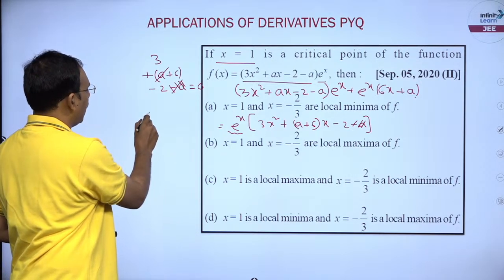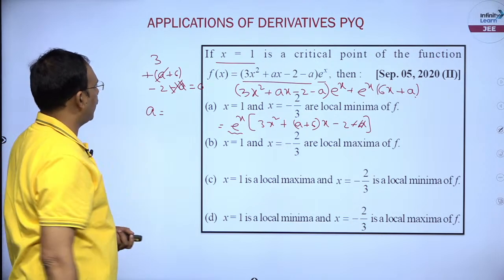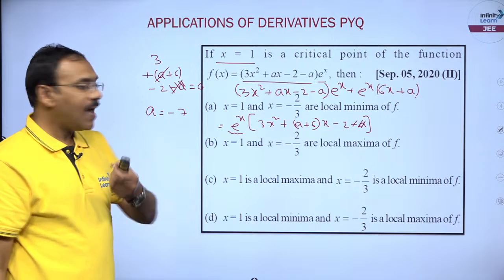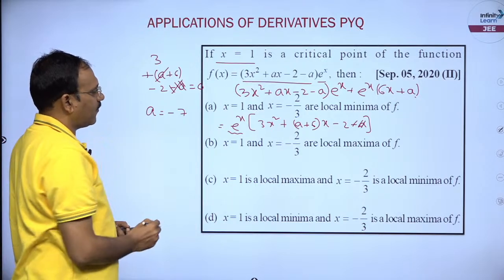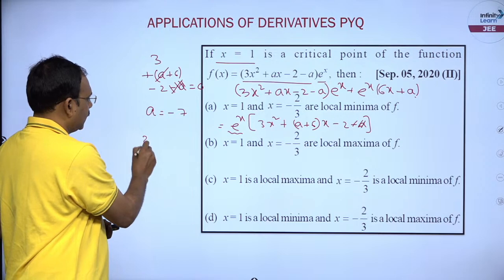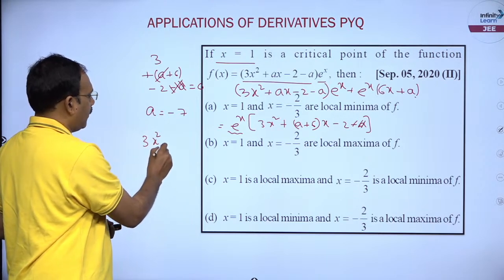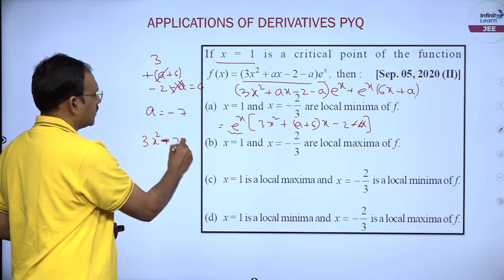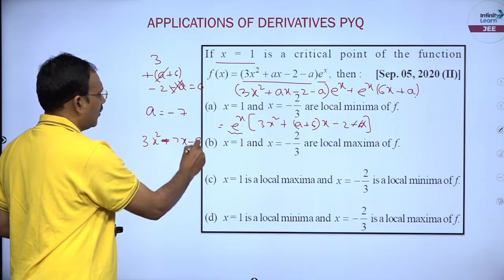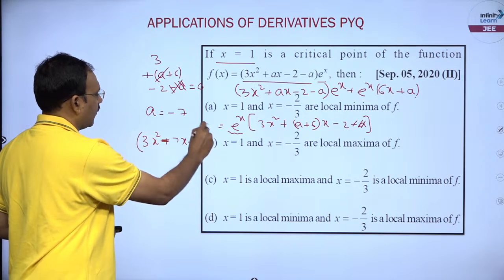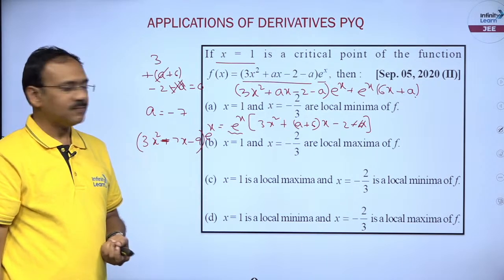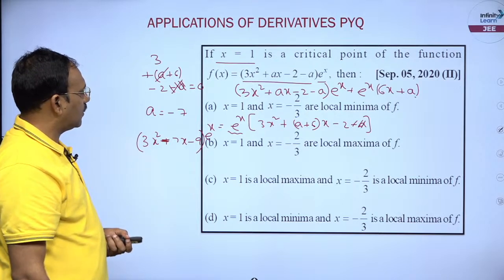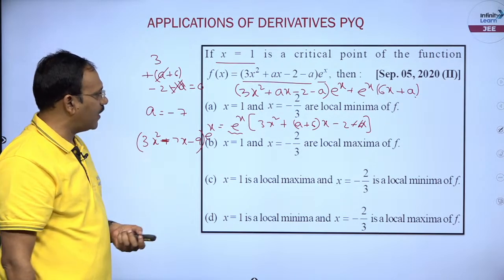So a will be left; a you can take is going to be minus 7, right. When a is minus 7, what is f of x? Now you can say 3x square minus 7x minus 9, into e power x. Now this is the function you can talk about its derivative, right.